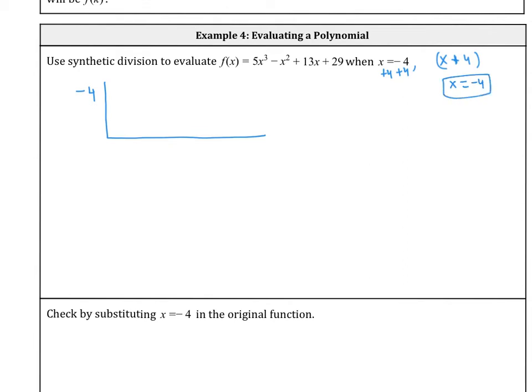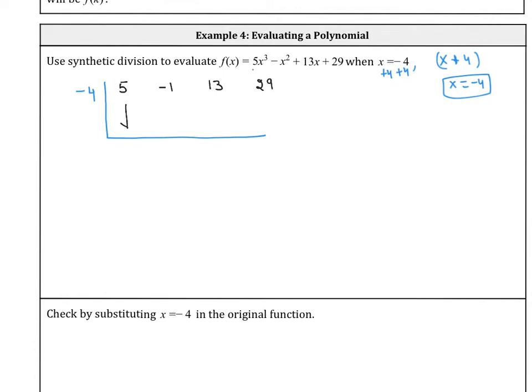But in synthetic division, when we divide, we use the -4 x value, not the factor. Now on top, we write the coefficients: 5, -1, 13, and 29.